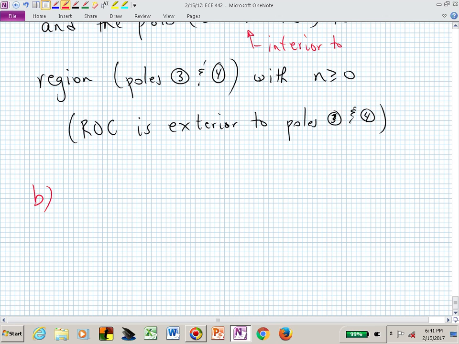B, if the region of convergence contains the magnitude of z equal to 1, and we have another way of referring to that. That's our unit circle.